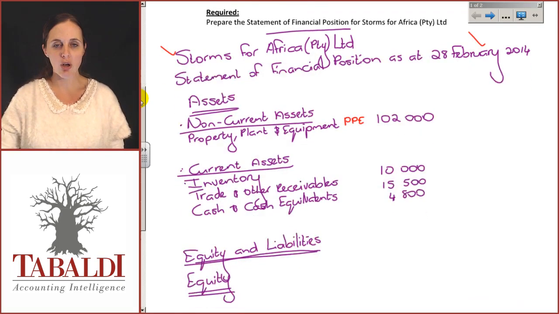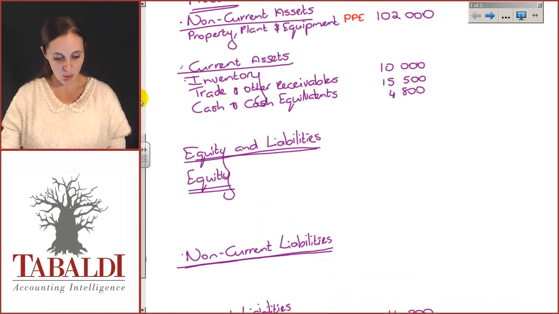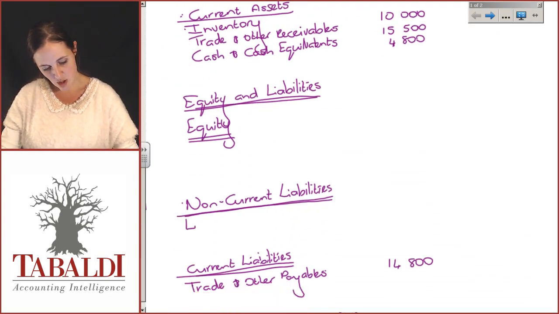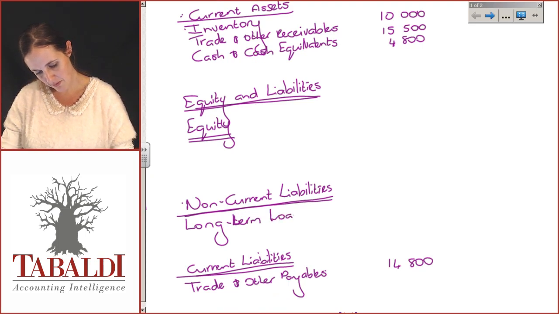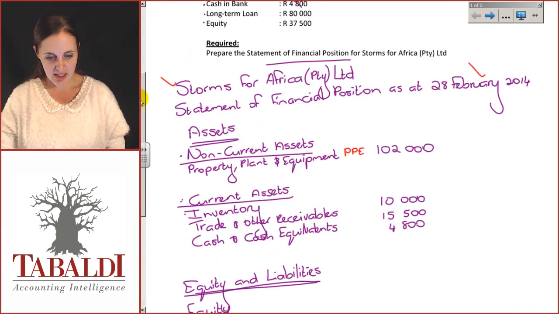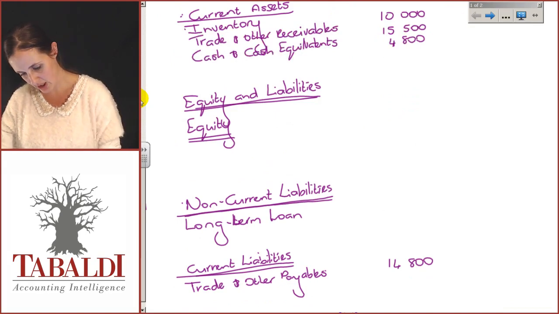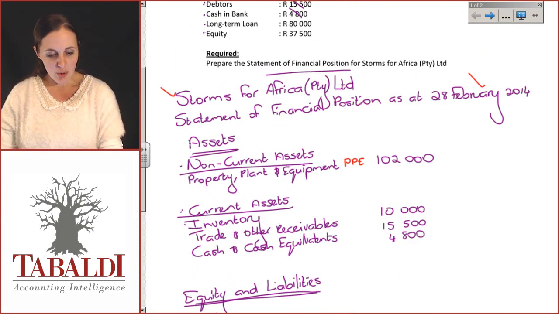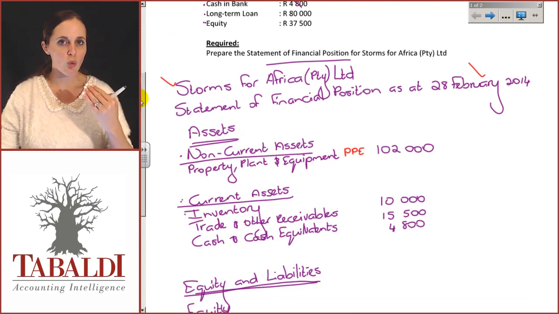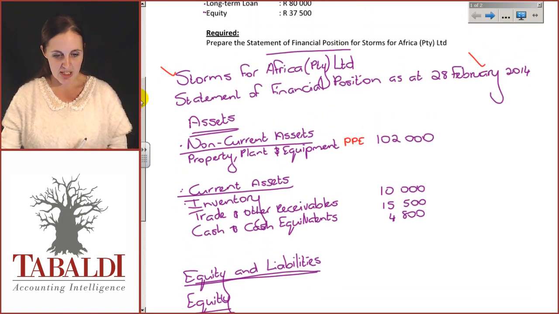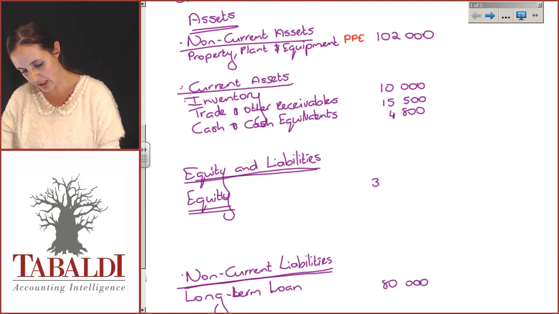Your long-term loan, long-term means that it's longer than 1 year, so that's non-current. So we have a long-term loan, and that was for 80,000. Again, 80,000 over here. Equity, your net asset value, what is your owner's portion of the business? 37,500. Again, we don't split that between current and non-current.